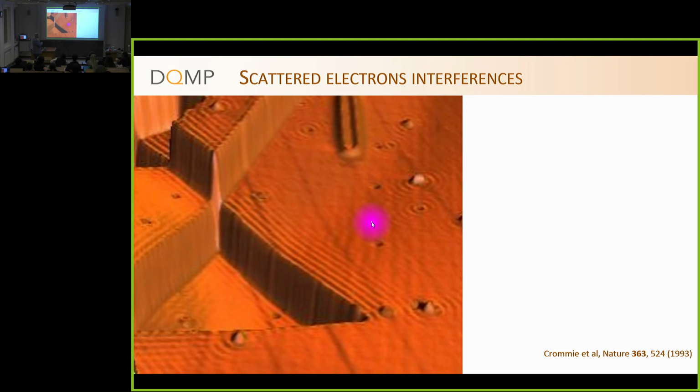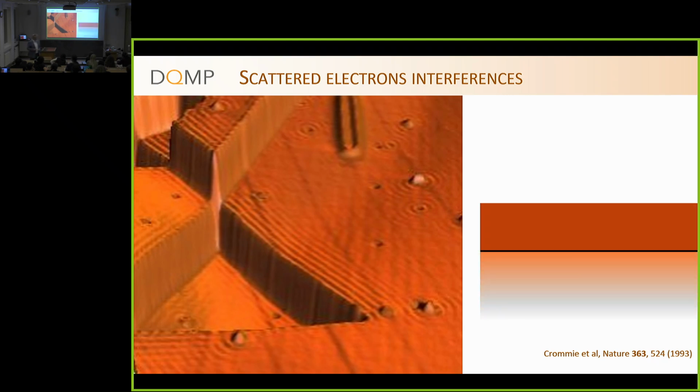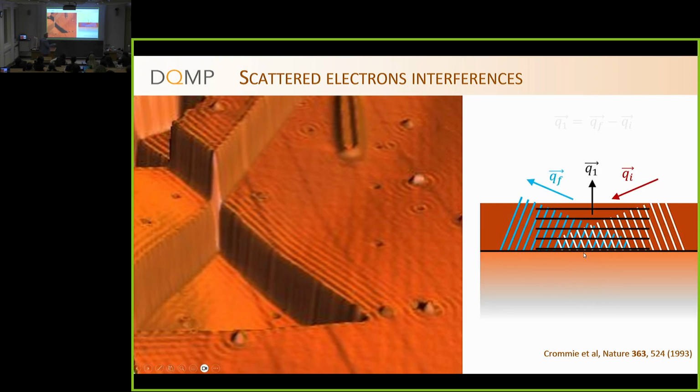There is no atomic resolution, but you see ripples like waves at the step edge or around defects. This is the result of interfering electron waves scattered off the defect or step edge. Here I just show a model of such a step edge. You have an incoming wave, the electron is scattered, and you get interference patterns which give you standing waves. The modulations you see here are these standing waves produced by the interference.